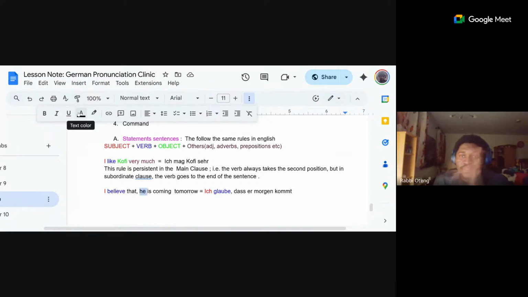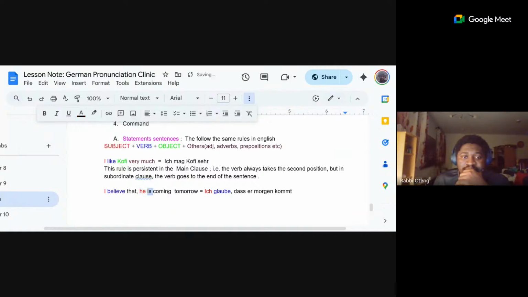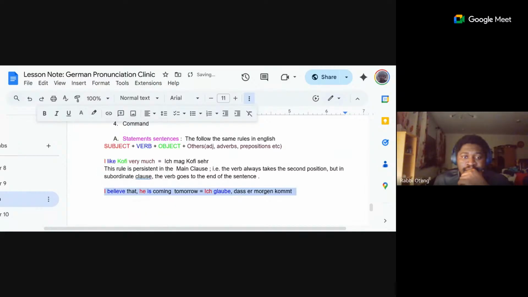But in the English subordinate clause, we have our subject, then the helping verb followed by the main verb before the others.